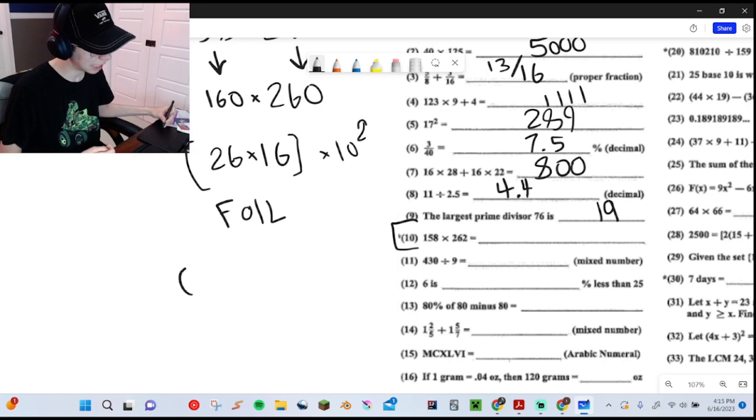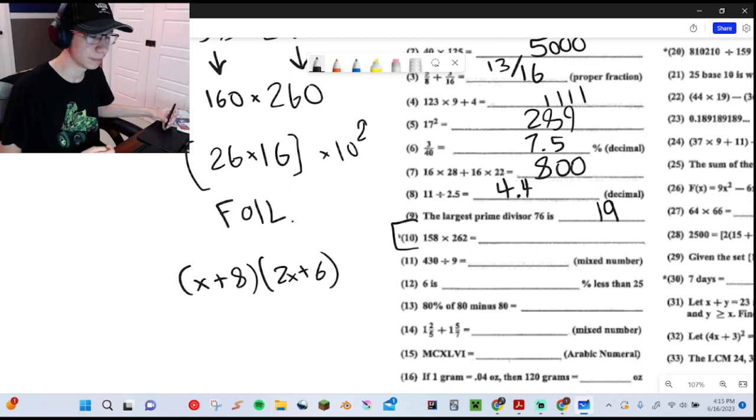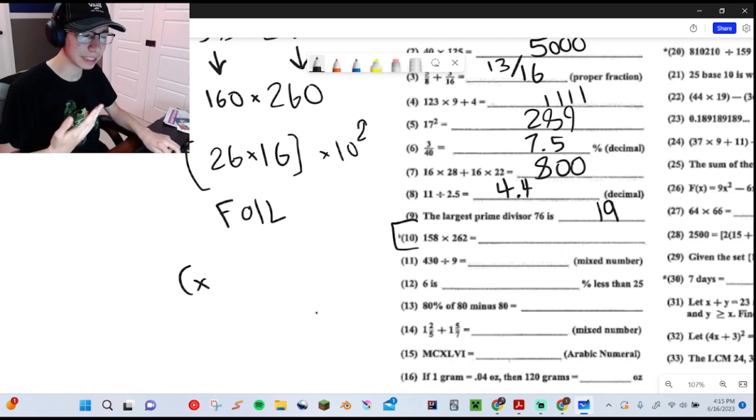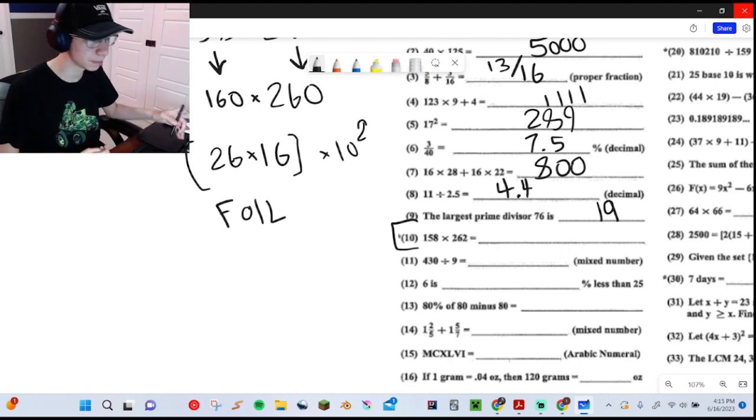Usually in Algebra 1 we used FOIL to describe the process of multiplying binomials, like this. You would start with the first, then the outer, then the inner, and then the last. And it's kind of the same way for multiplication.